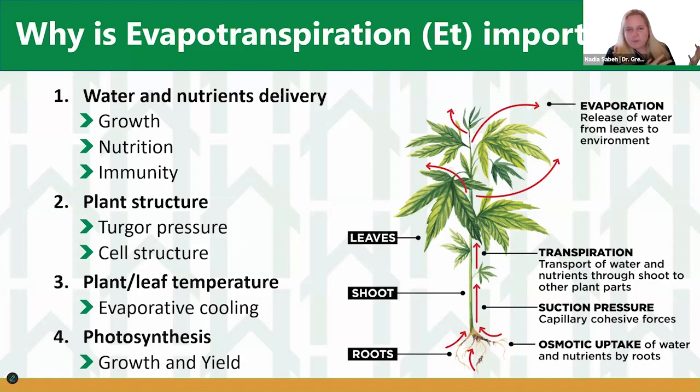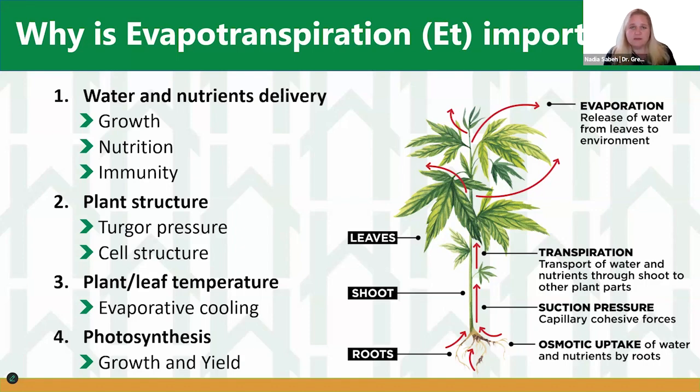Also, the evaporation part of evapotranspiration is really important to the plant by helping it evaporatively cool itself. This is one of the ways that it can regulate its own temperature and its own heat stress, in that if it can freely evaporate water and evaporatively cool itself, then it can ward off stress related to heat. And the last thing is that it really affects photosynthesis.